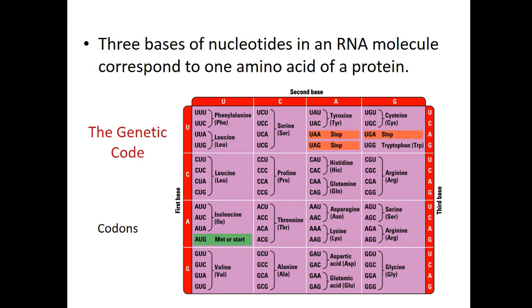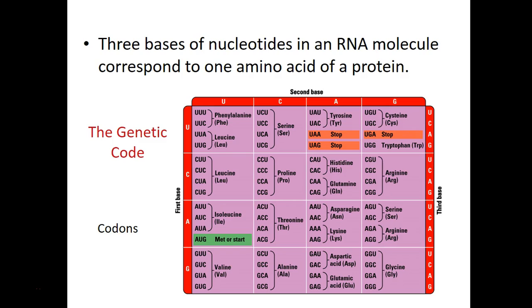Now, the way in which RNA works is that it takes 3 bases in a row to code for a single amino acid. And there's something called the genetic code, also known as the universal genetic code, because this code is used in everything from plants to slugs to snails to humans to ants to bees.